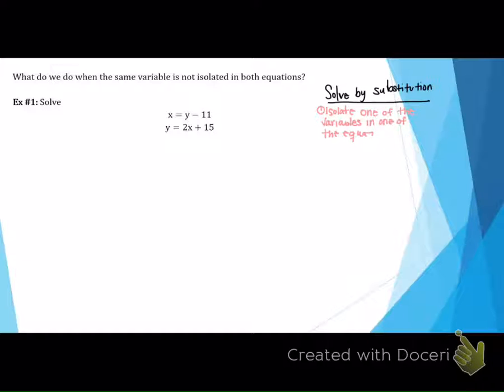To isolate means to get alone. So, if you're looking at what we have so far, we have x equals y minus 11 and y equals 2x plus 15. Do we have a variable isolated yet or not? Yeah, so that step is not necessary for us in this one.